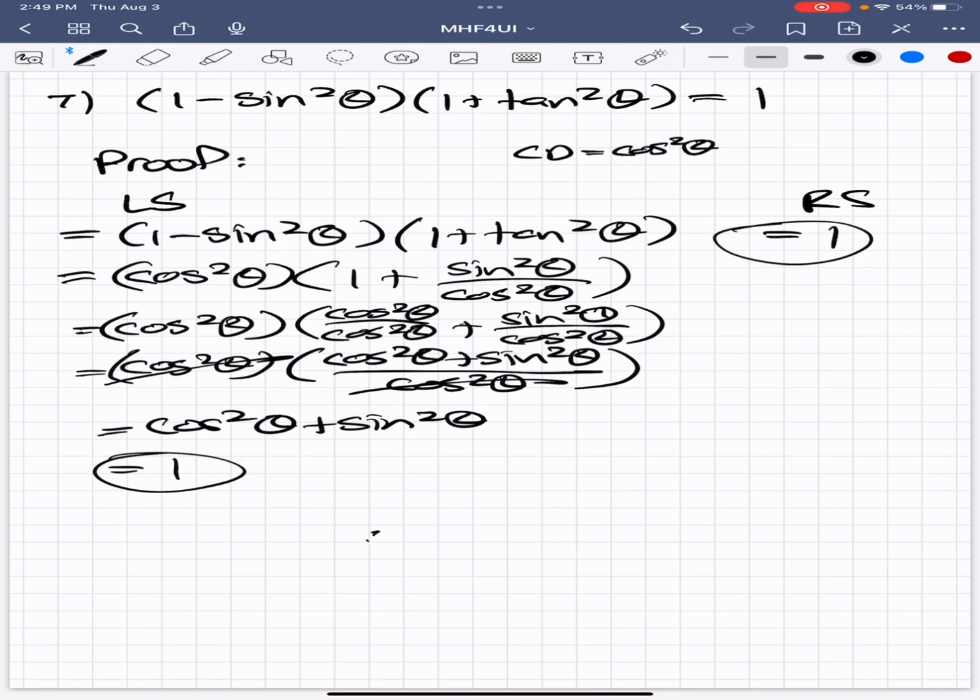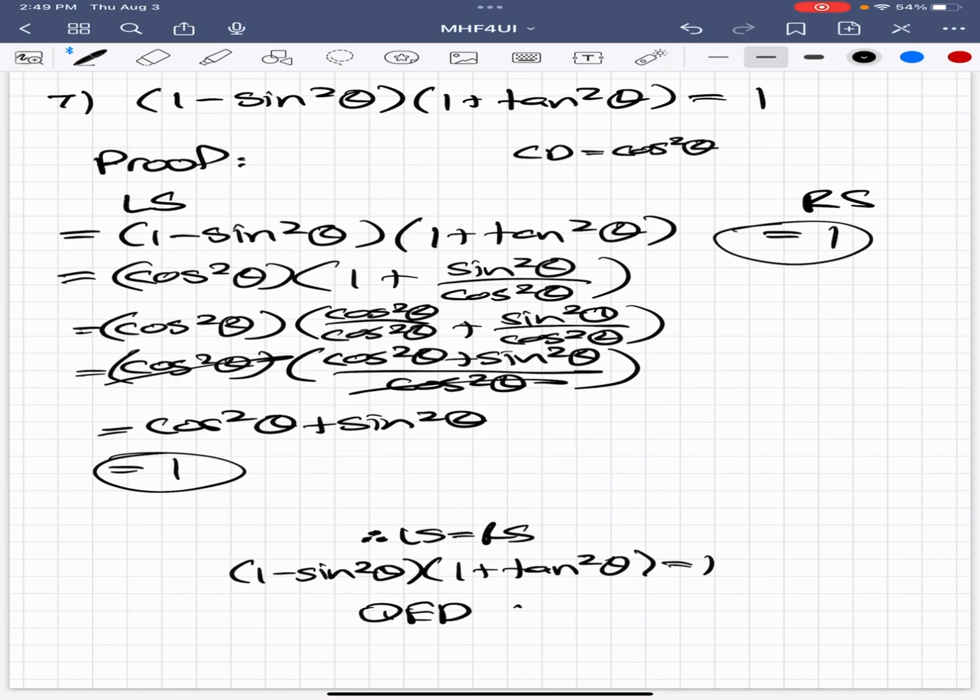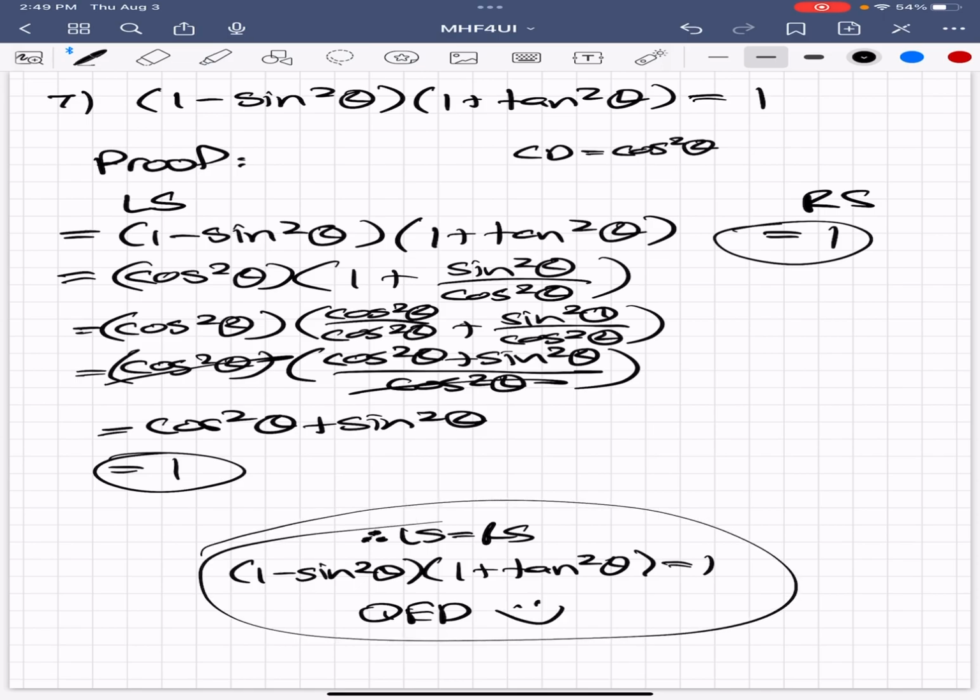Okay, so we have left side equals right side. Now time for me to explain.